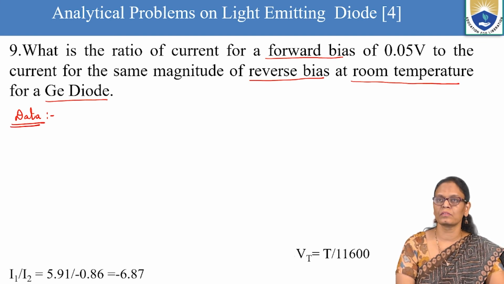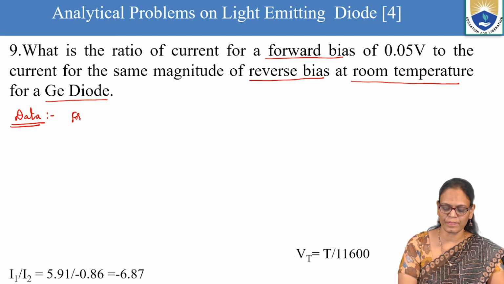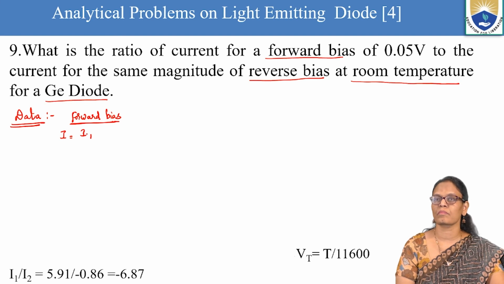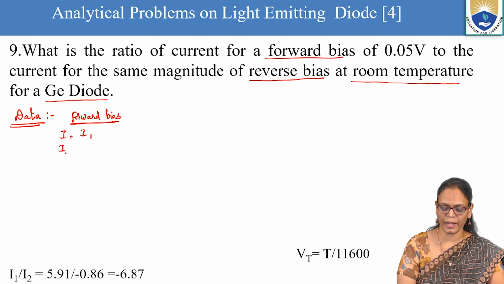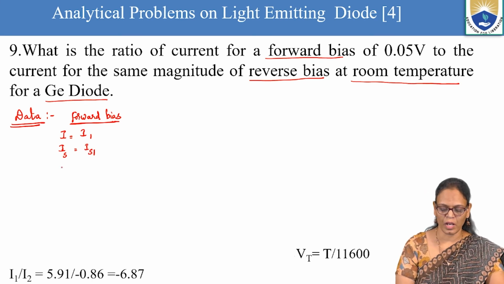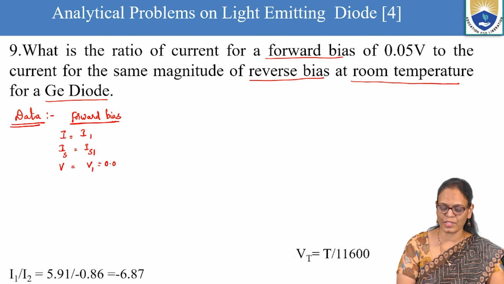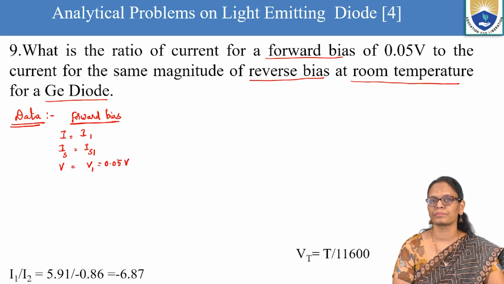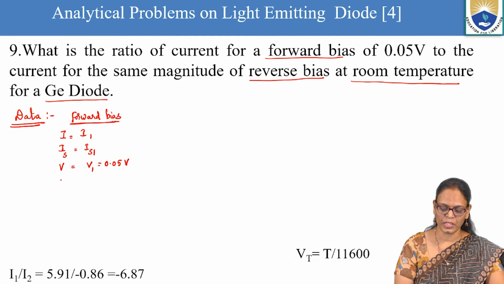We will write forward bias first. Forward bias, we have I is equal to I1 and IS is equal to IS1 and V is equal to V1, which is given as 0.05 volt, and the temperature given is room temperature.